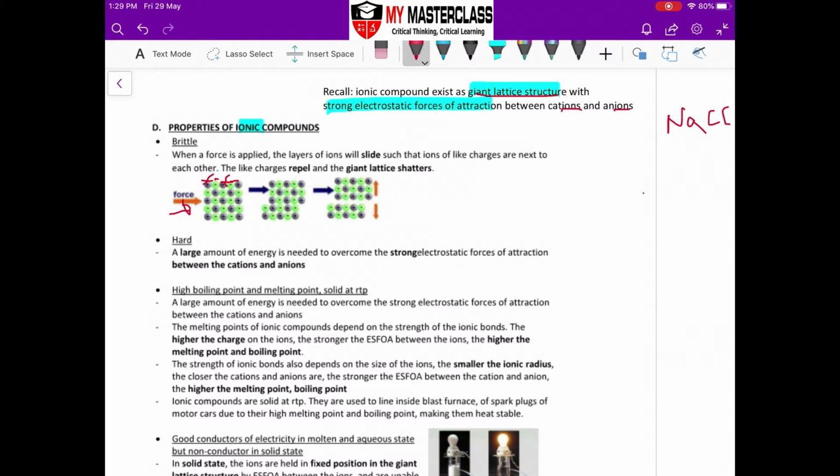There are also strong electrostatic forces of attraction between the cations and the anions. In this case, my cation is the sodium ion, Na+, and my anion is the chloride ion, Cl-. As long as there's attraction between charged particles, the plus and the minus, we call it strong electrostatic force of attraction. Moving forward, I'm going to abbreviate this as ESFOA.